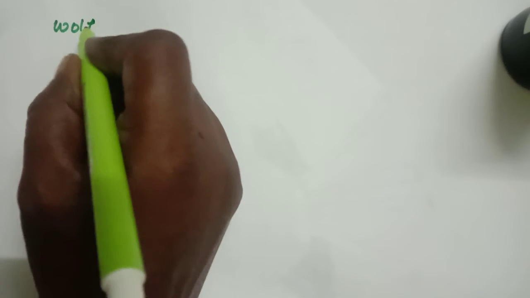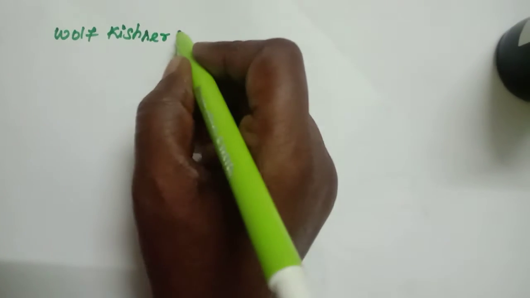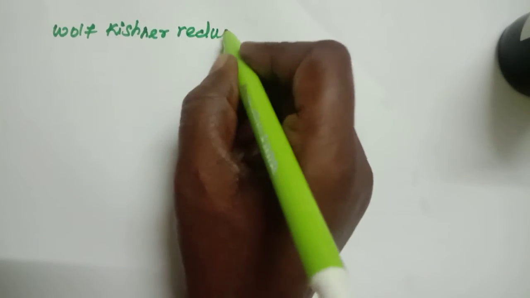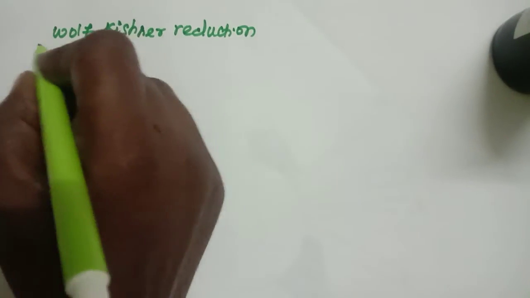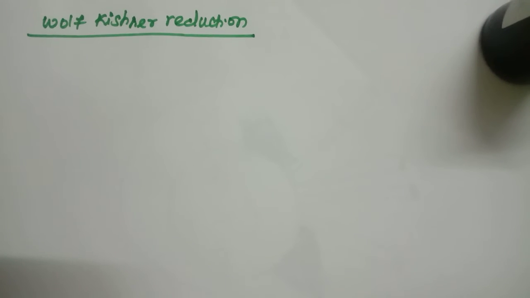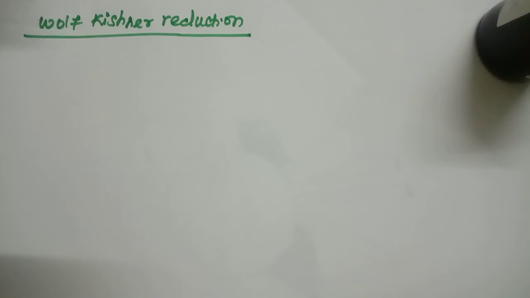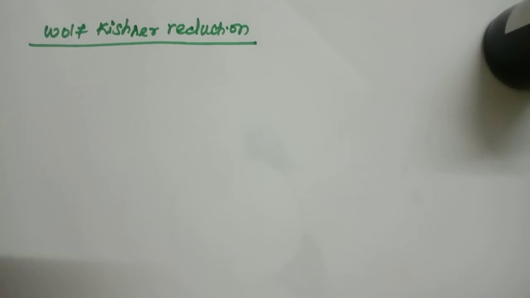Next naming reaction is the Wolff-Kishner reaction. An aldehyde or a ketone, when heated with hydrazine, that is NH2NH2, and sodium ethoxide, gives a hydrocarbon.